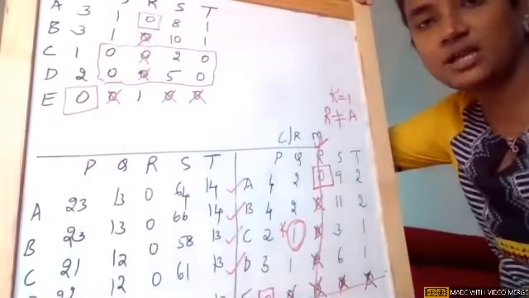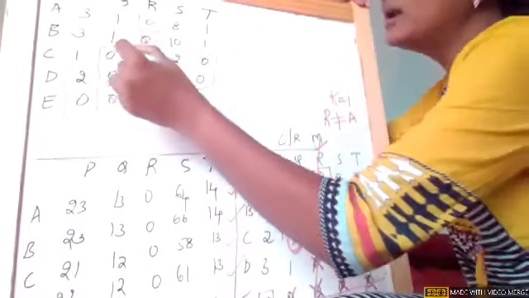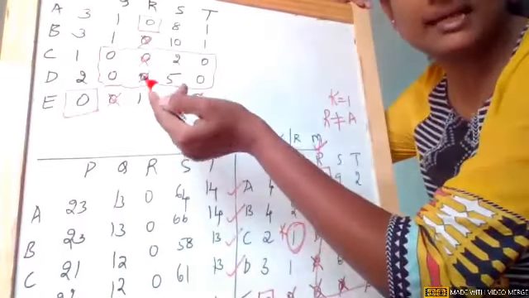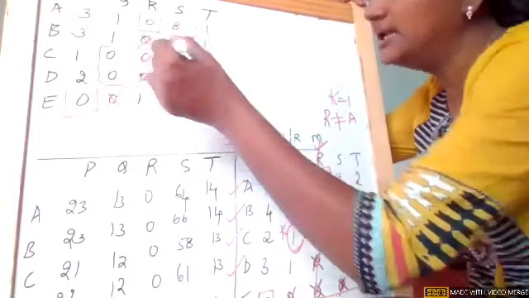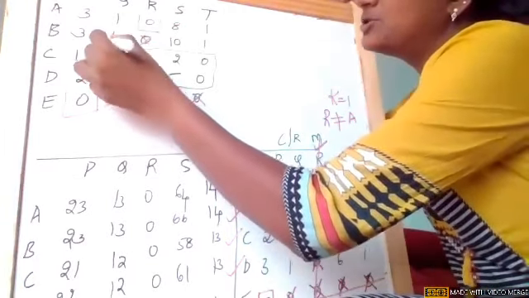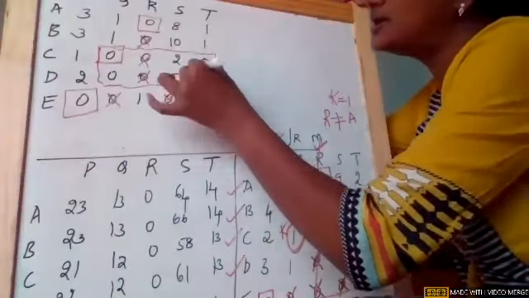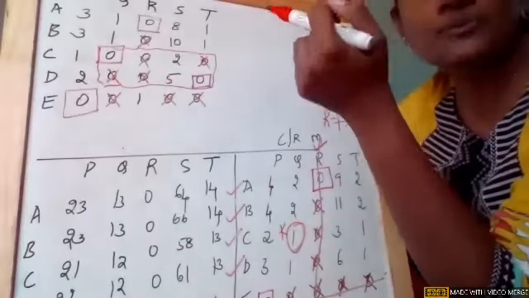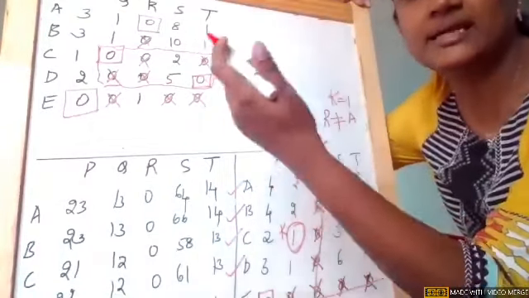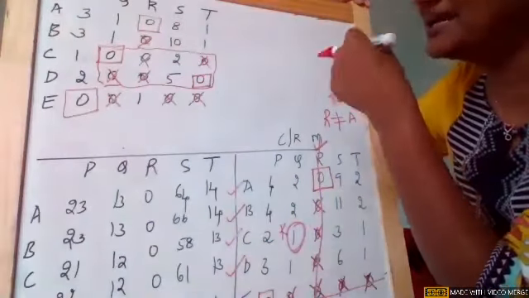If this scenario comes, any 2 opposite corners you can assign, and the remaining zeros you can cross off. Like I'm assigning these 2 corners and crossing the other 2 corners. Am I clear with this?